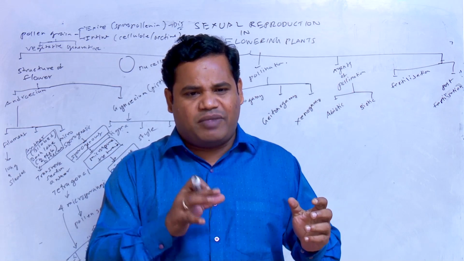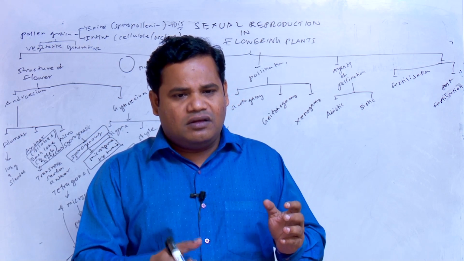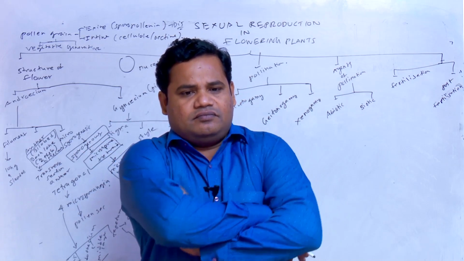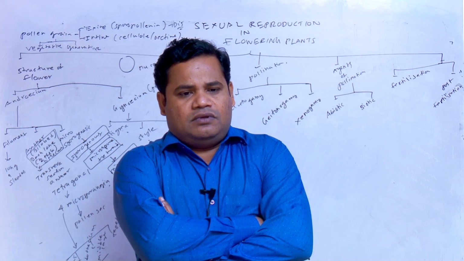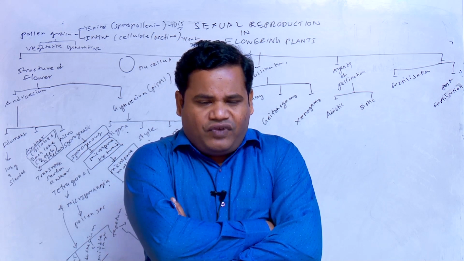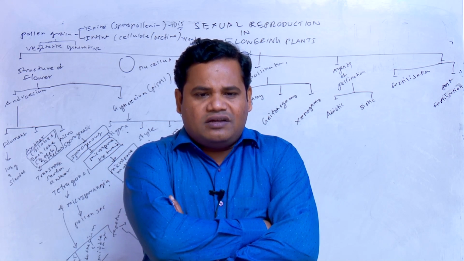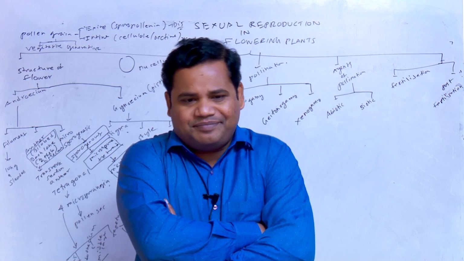So the functional megaspore divides mitotically, giving the 2, 4, and 8 nucleate embryo sac stages. These divisions are strictly free nuclear, meaning nuclear divisions are not followed immediately by cell wall formation.